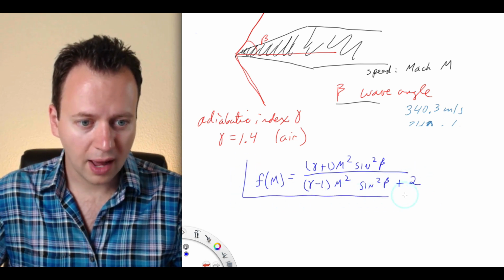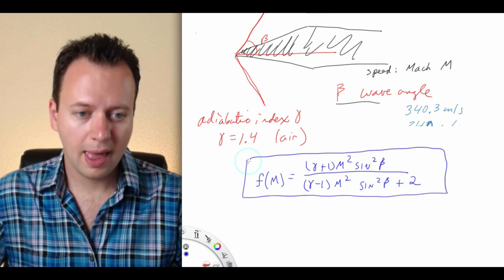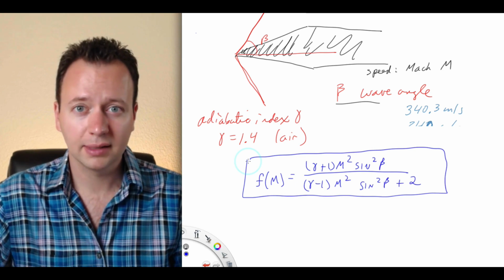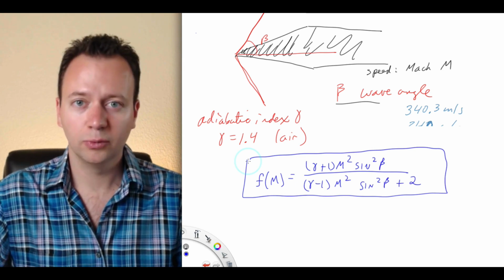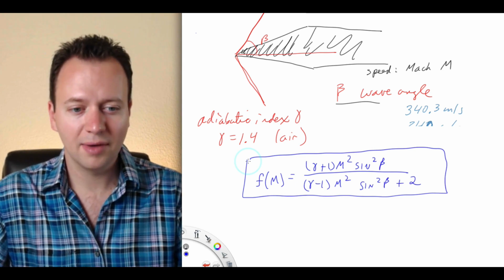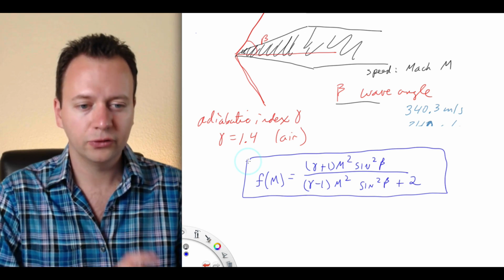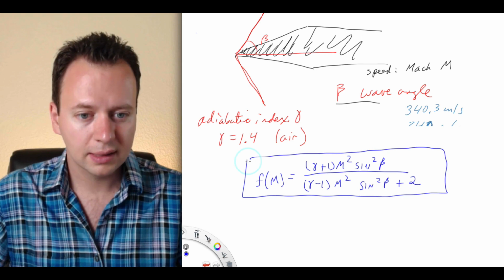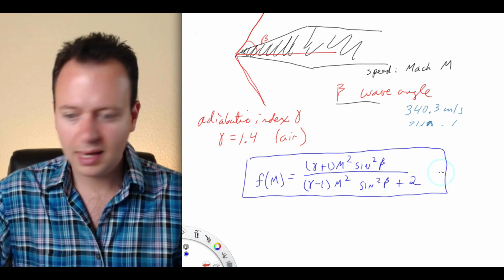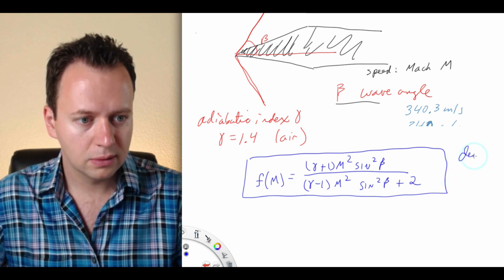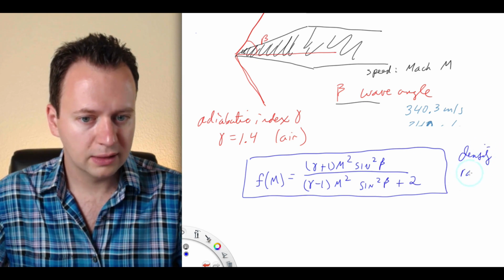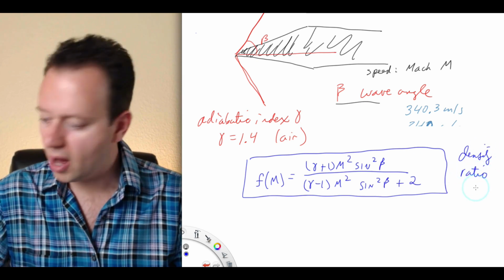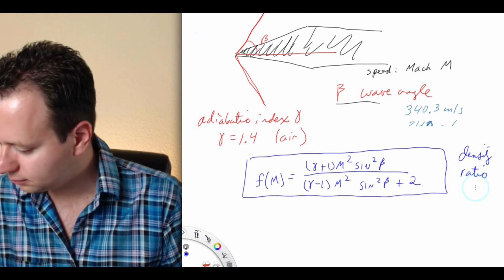This is derived in an advanced thermodynamics class, a compressible fluid flow course, where you would study shock waves and things like this. So this is the density ratio as a function of the Mach number of the aircraft.